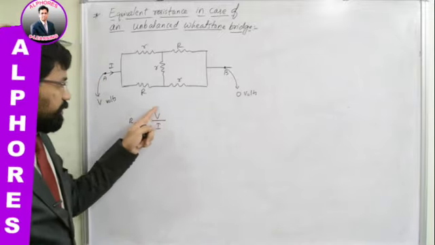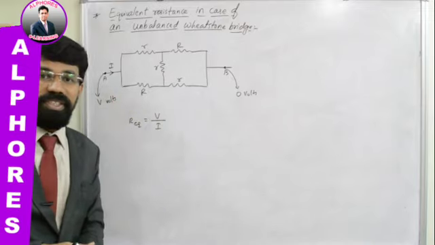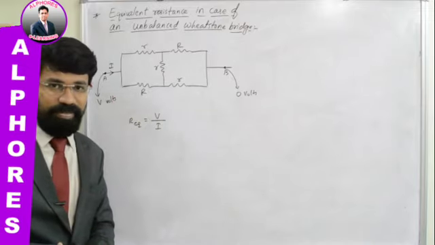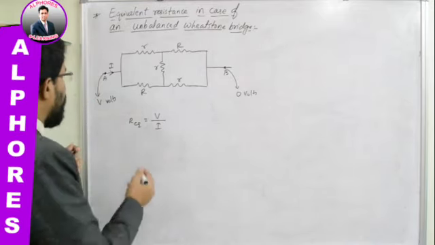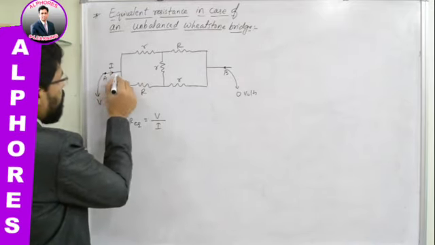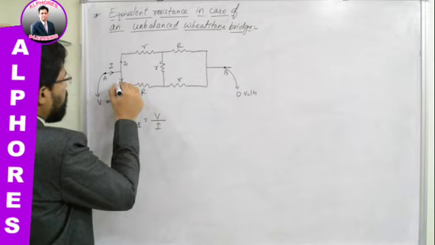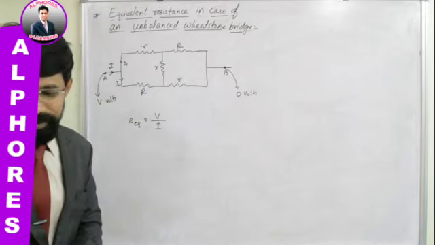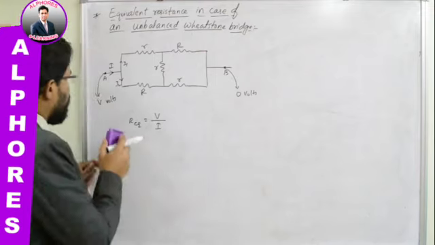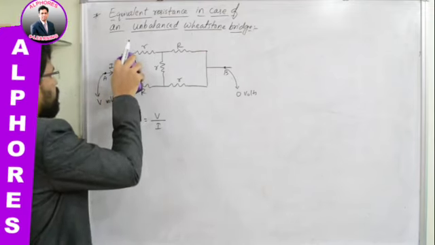R equivalent is equal to the total potential difference between A and B divided by the total current flowing between A and B. If we can find this I, let us say some current I1 is entering this branch, and some current I2 is entering here. So I will be I1 plus I2. Like that we'll try to replace that I.